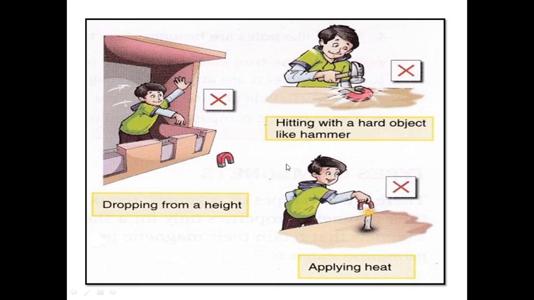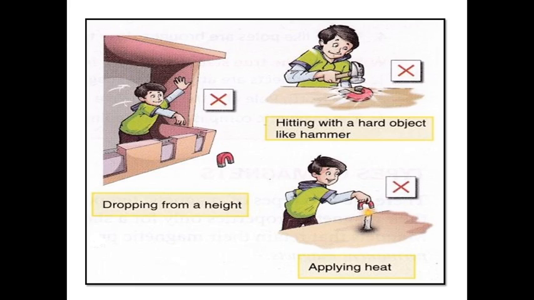See the dropping from height. Don't do that. If you have a magnet, don't drop it from a height. Don't hit that magnet with a hard object like a hammer or stone, and don't apply heat to that magnet. All these activities will make it lose its magnetism. Understood?